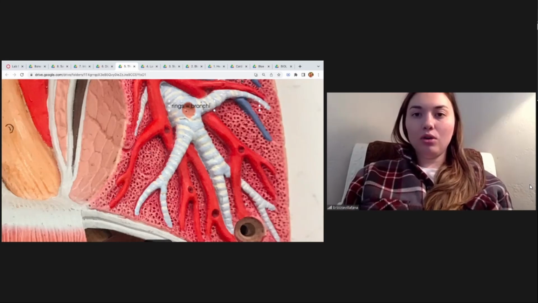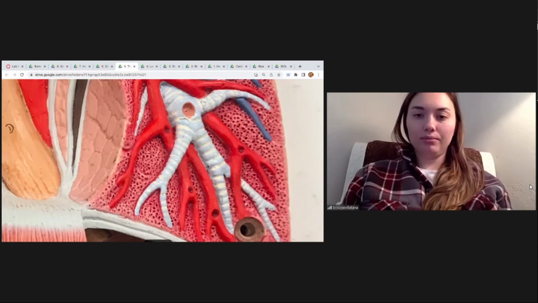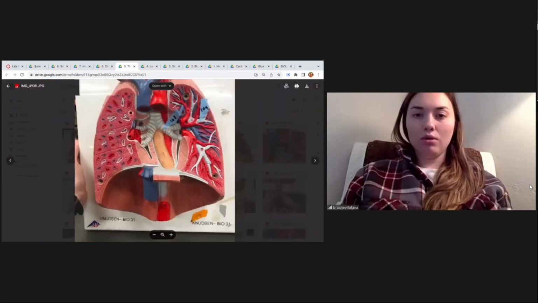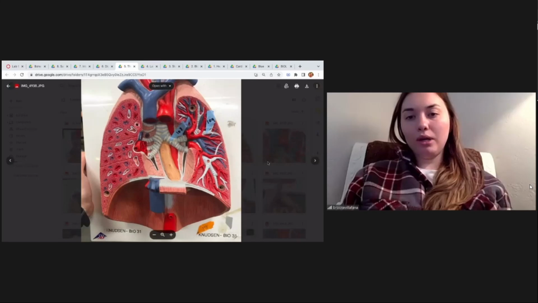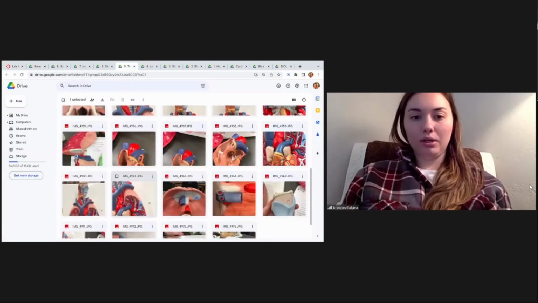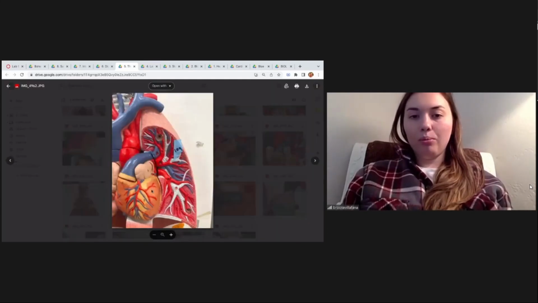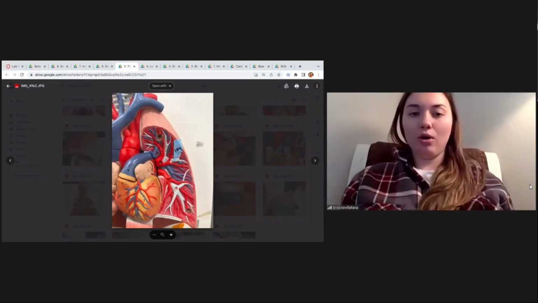Okay, and then if we look at our circulation, right? Remember that these here are getting the oxygen. So our pulmonary, let's get the heart in it, and then that'll be easier to figure out what's going on. Our pulmonary arteries take blood away from the heart, right?